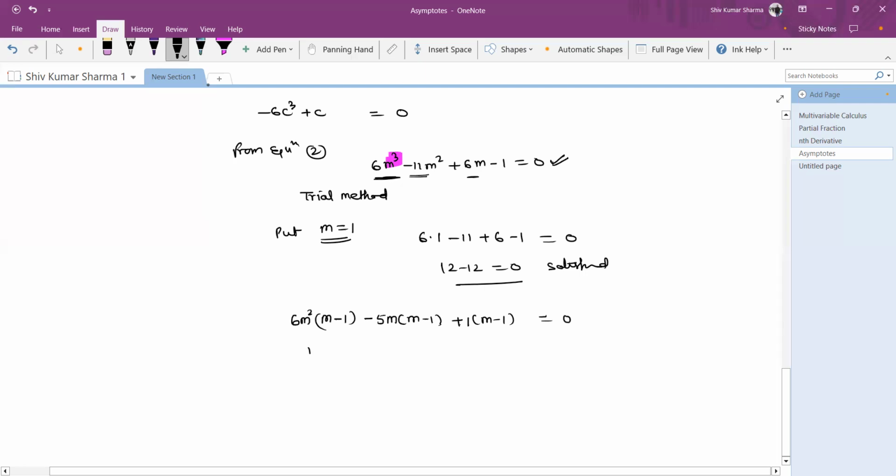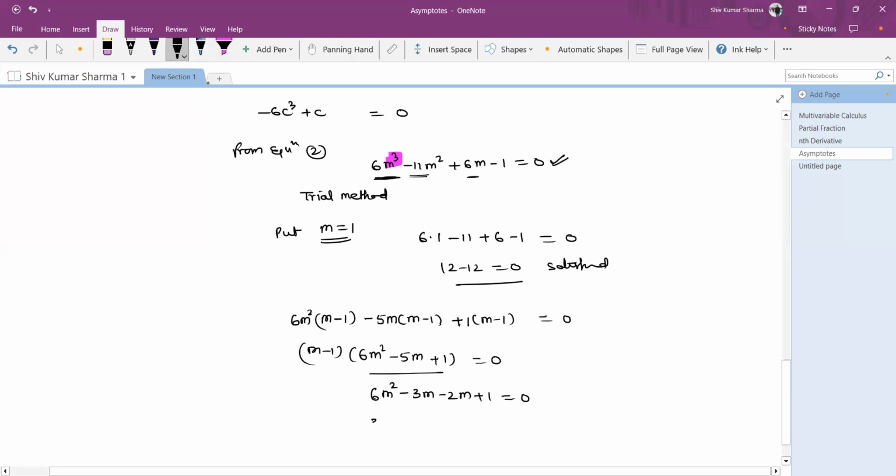So now we take m minus 1 as common. So this gives us 6m square minus 5m plus 1 is equal to 0. So now we obtain the factors of this quadratic equation. So how to obtain the factors of a quadratic equation? We factorize: 6 is 2 times 3. So 6m square minus 3m minus 2m plus 1 is equal to 0.